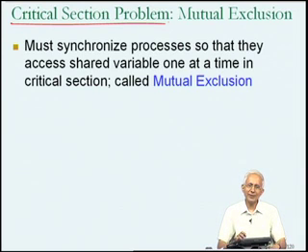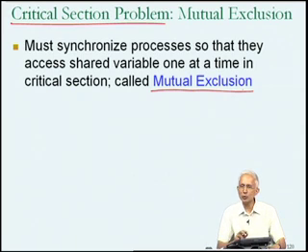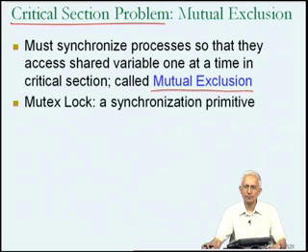Now, in general, it may be the case that within these kinds of critical sections, the synchronization must be done so that the accesses to the shared variables are done one at a time. In other words, this notion of allowing one process to access the shared variable mutually exclusively of the other process. In other words, don't allow the two processes to actually be inside these critical sections during regions of time that the others are also in the critical section.